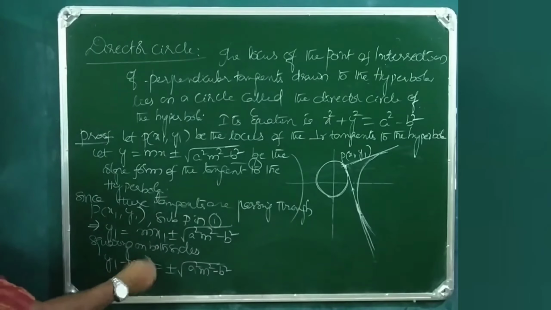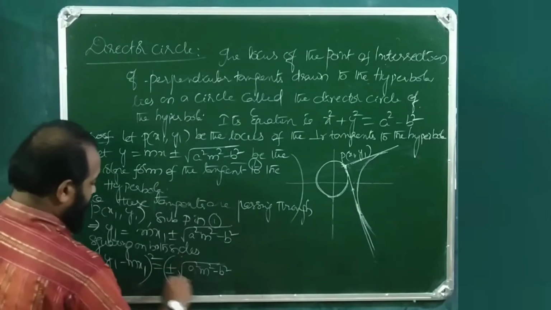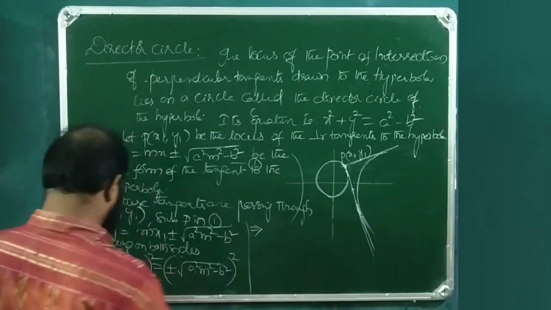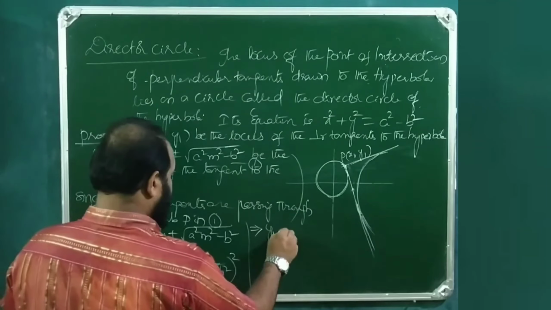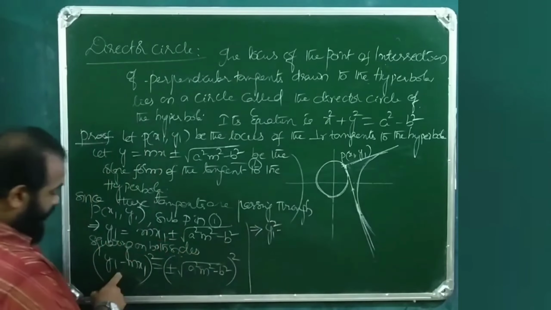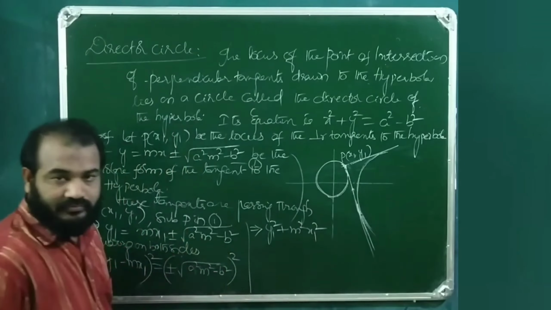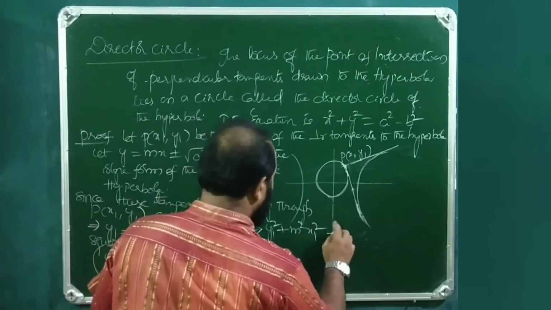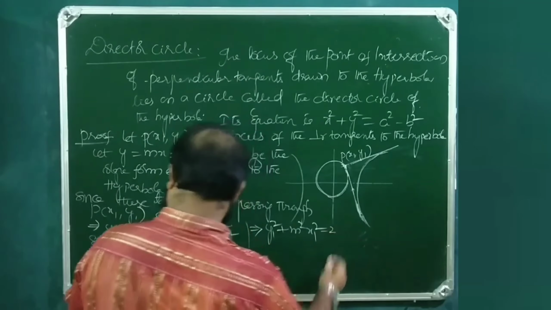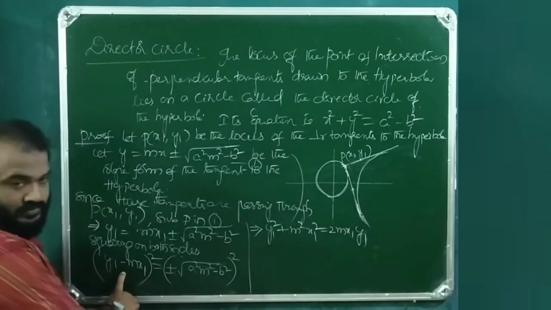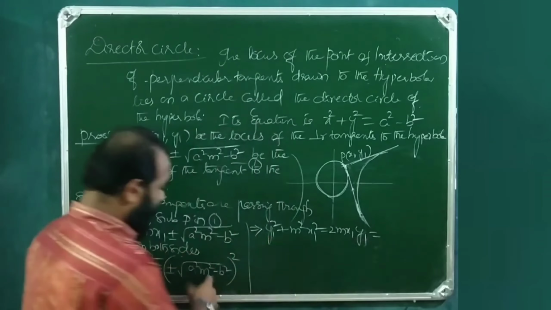Now squaring on both sides, y1 square plus m square x1 square minus 2m x1 y1 is equals to plus or minus whole square.